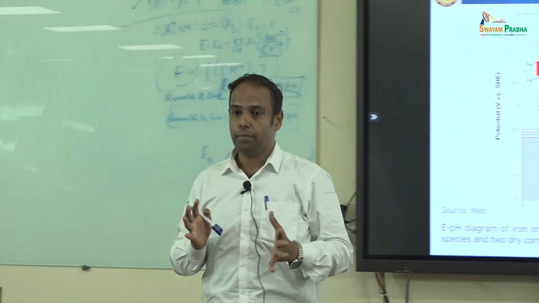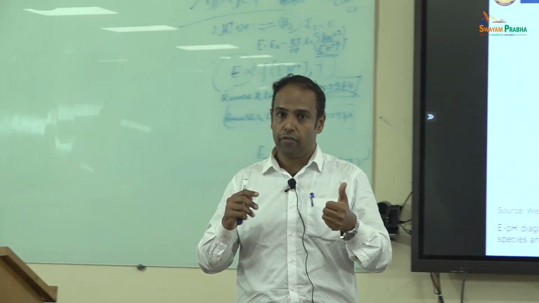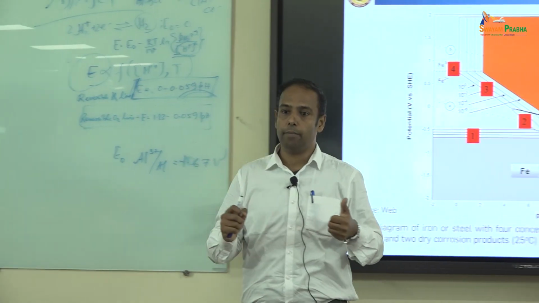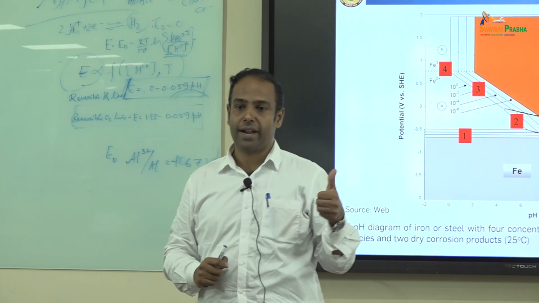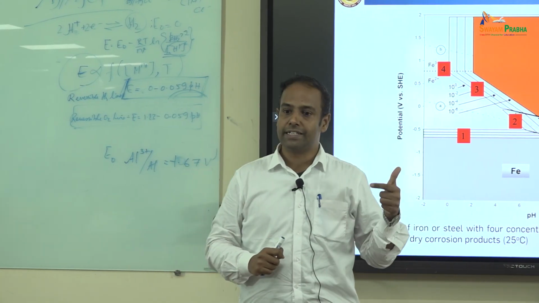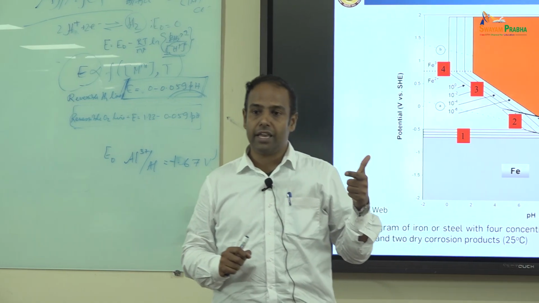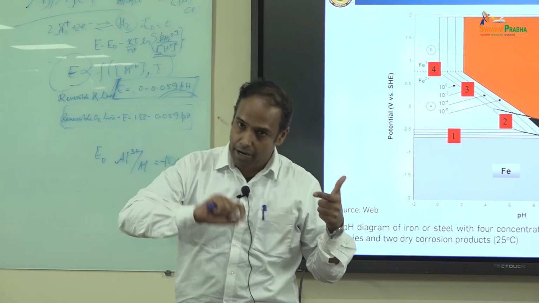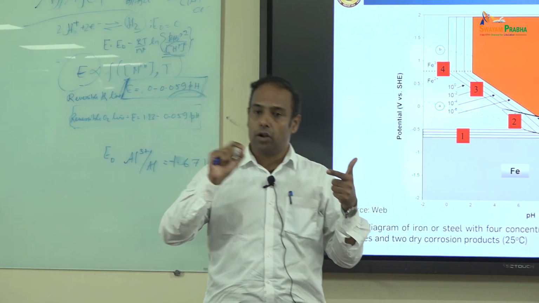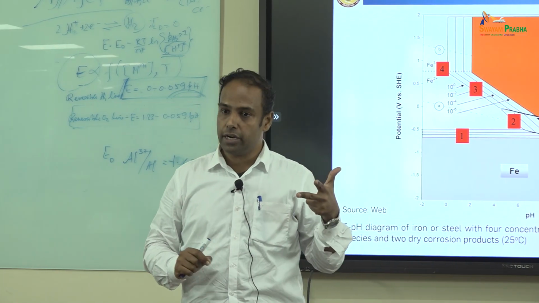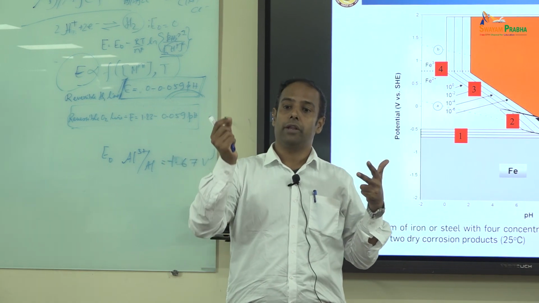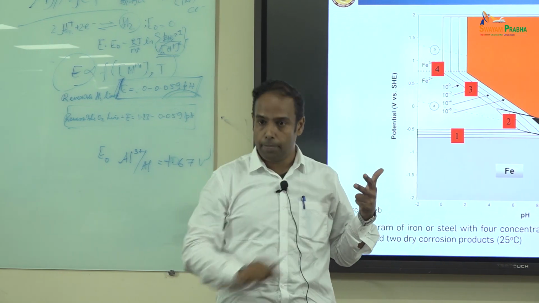So, the Pourbaix diagram can be drawn for any metal system you name. If you take one, electrochemical equilibrium between metal and metal cation. Second, electrochemical equilibrium between metal oxide and metal. It will be an electrochemical equilibrium. Third, a chemical equilibrium between a metal oxide and metal ion.